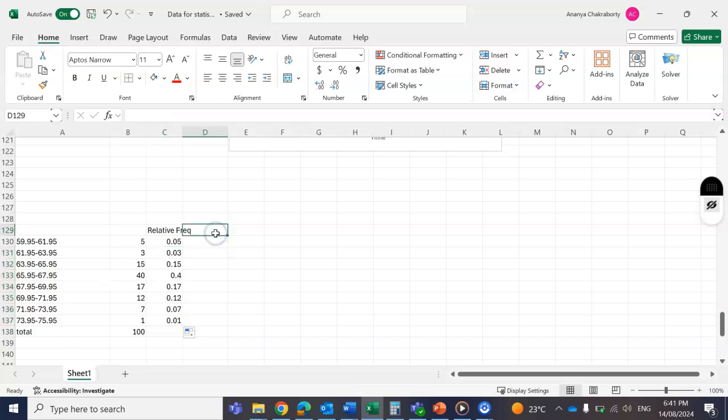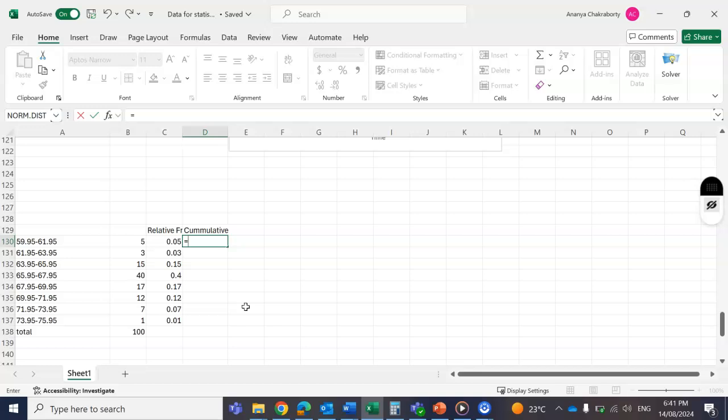For calculating the cumulative frequencies, the first one is the same, which is 0.05. The second one is the current one plus the previous addition.